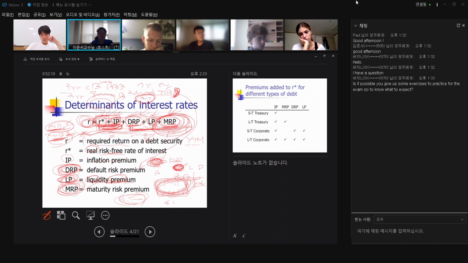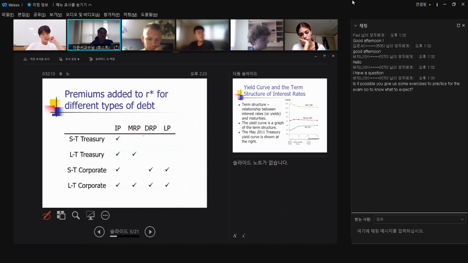If we classify the bonds by each premium, definitely a treasury bond doesn't have any default risk premium or liquidity premium, but a corporate bond has those kinds of premiums. All bonds have the inflation premium regardless of who issues the bond.